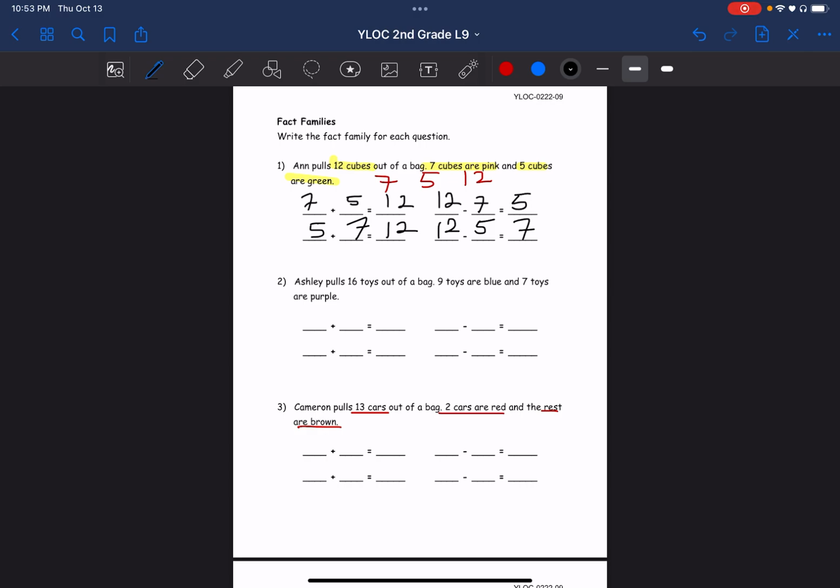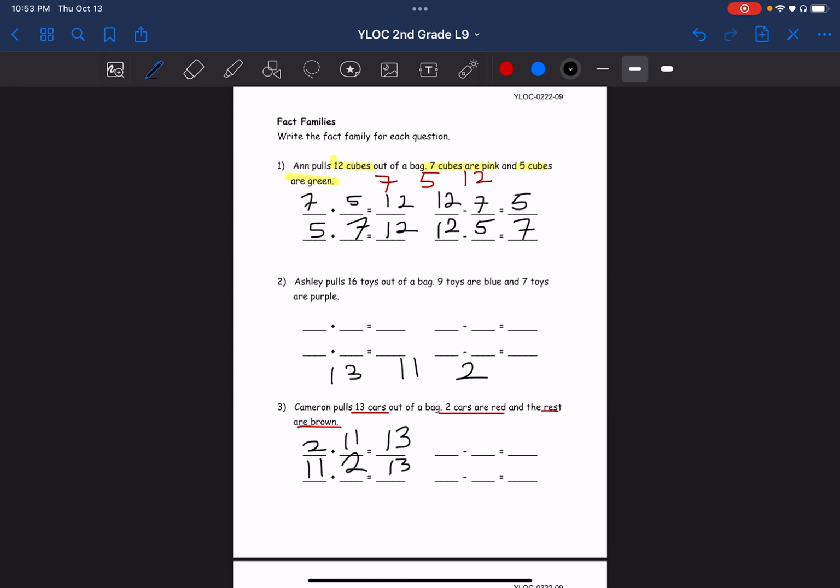So we have the numbers 13, 11, and 2 to use. Let's do 2 red cards and then 11 brown cards. We have 13 cards total, and then reverse the 11 and the 2, so it's 11 plus 2, which is 13 cards total.